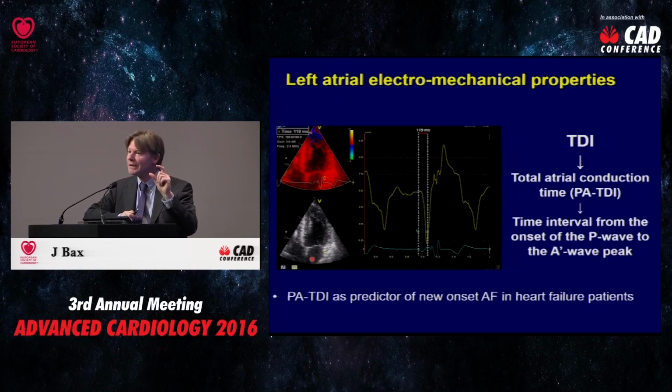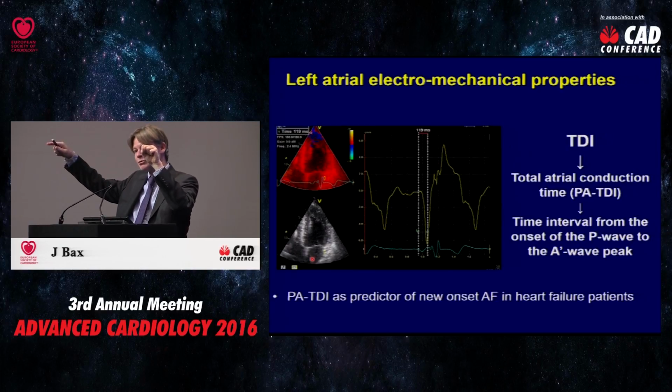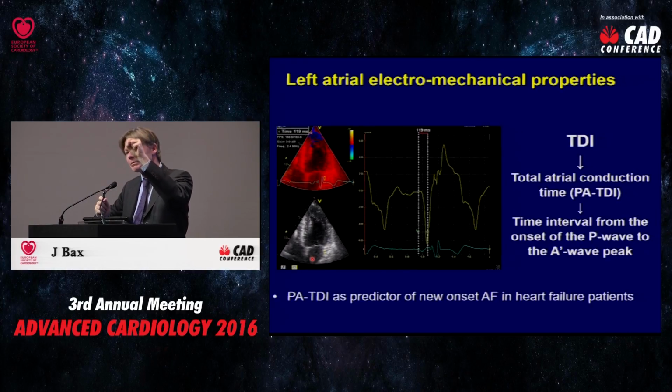And the time interval between the P wave and the A prime is a marker of electrical mechanical delay. And that reflects actually fibrosis. So you have electricity, then it takes a long time to travel because there's a lot of fibrosis, and then you get a booster pump. And the booster pump, again, you pick from the PA-TDI.